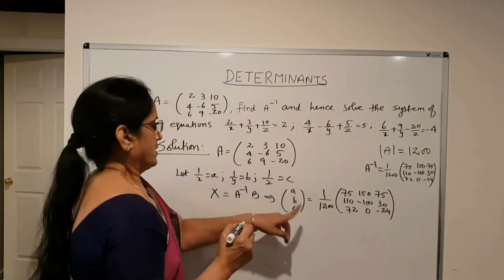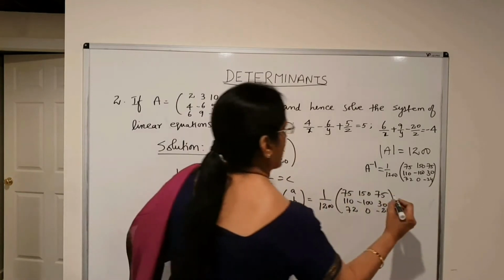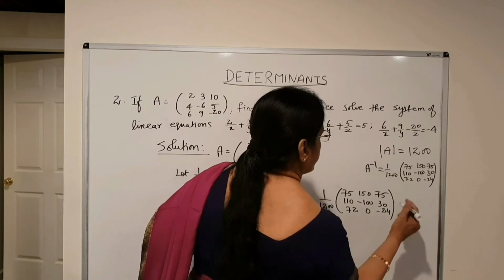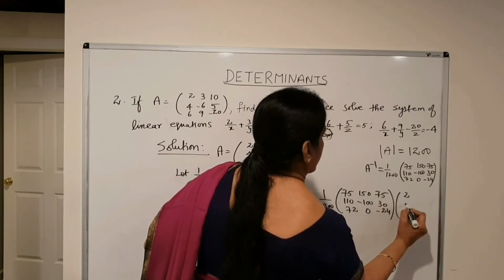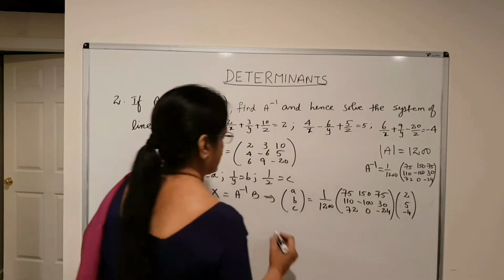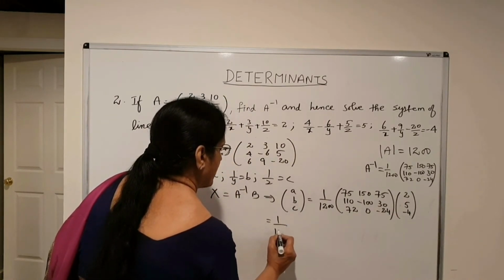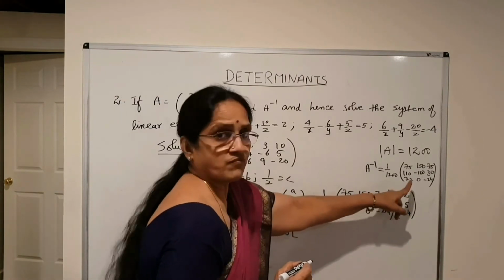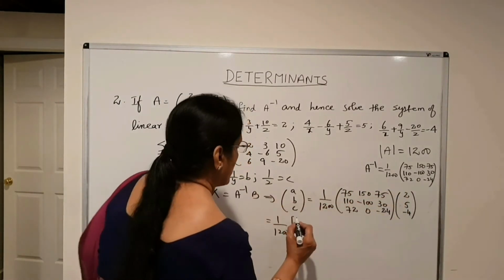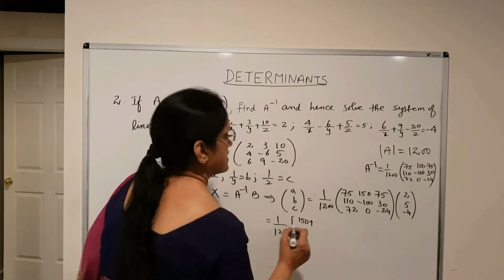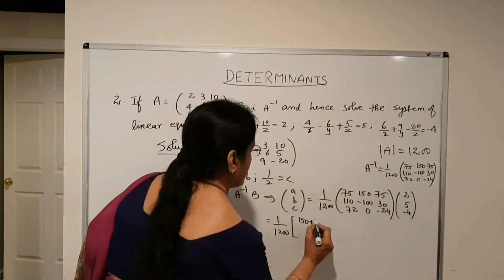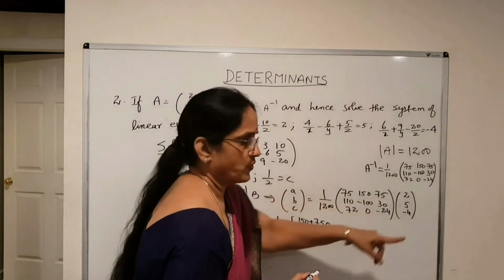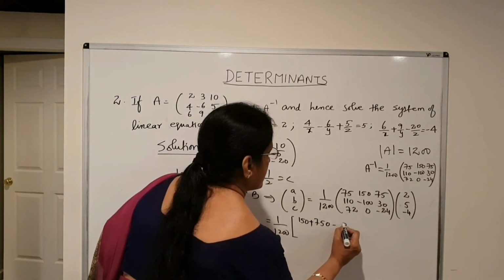And we took the matrix B as 2, 5, minus 4. Now, this is nothing but 1 by 1200. Let me multiply this. First row, first column: 75 into 2, 150, plus 150 into 5, 750, plus 75 into minus 4. So, this will be minus 300.